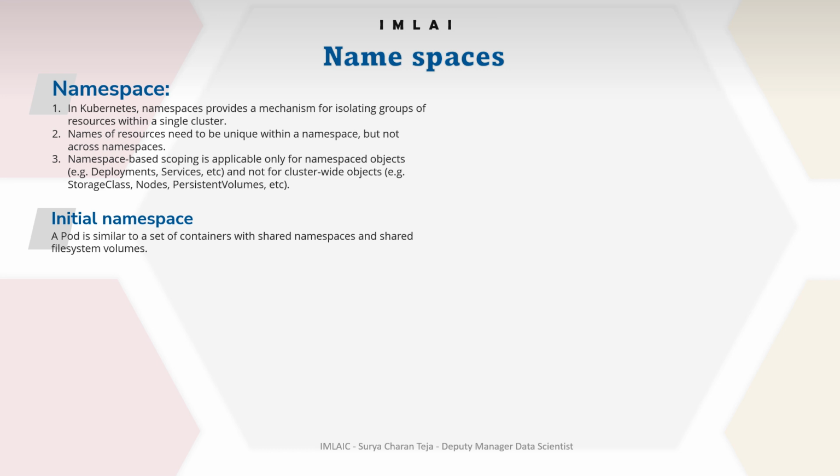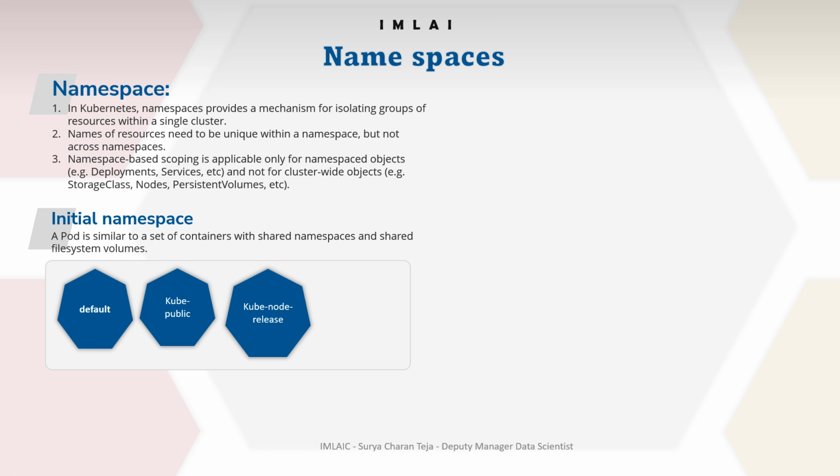Kubernetes starts with 4 initial namespaces. So what are those? The first one is default, the second one is kube-public, and the third one is kube-node-lease. The fourth one is kube-system. We are going to directly jump into our server and we'll see.